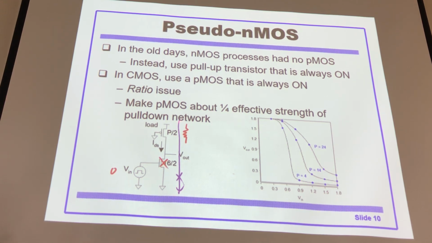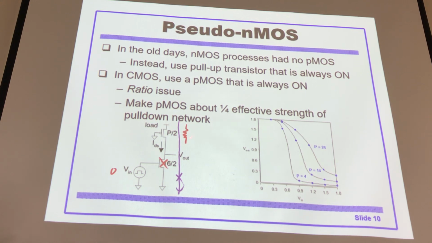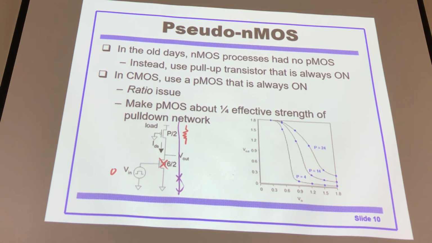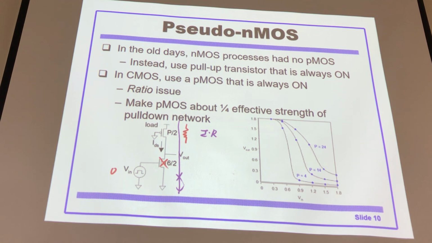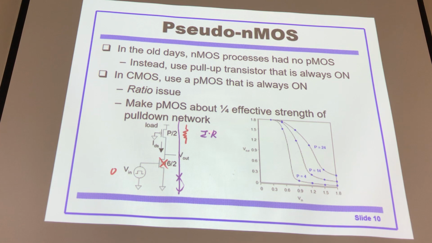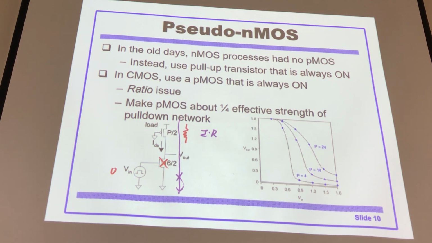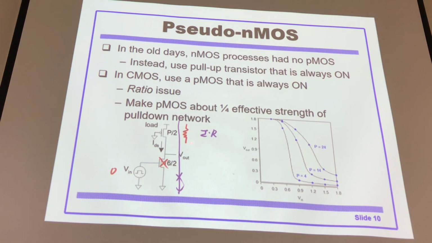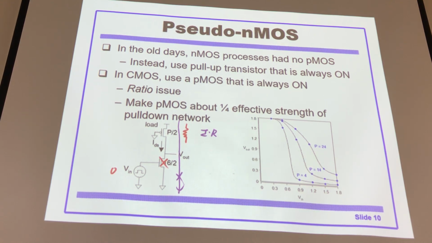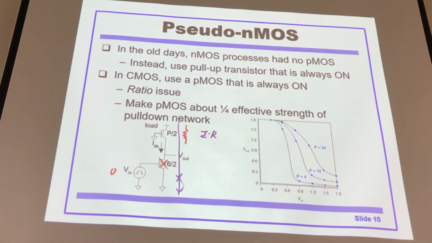Since there's no current going through the resistor, there's no voltage drop. You remember the equation: I multiplied by R is the voltage drop. Because I equals 0, there's almost no voltage drop. Because there's no voltage drop, you will get 1 at the output. Is that right?